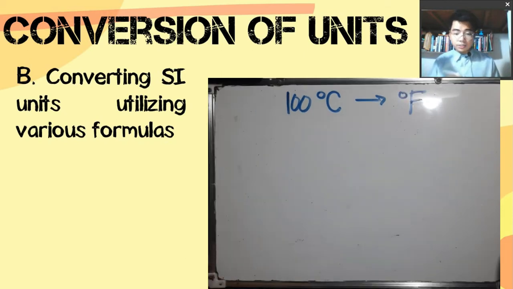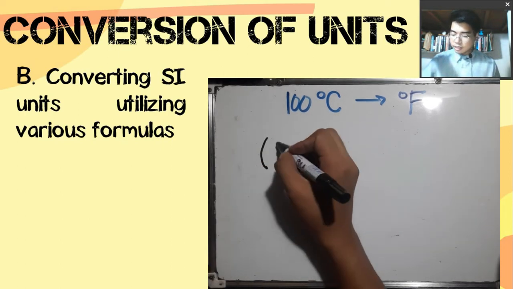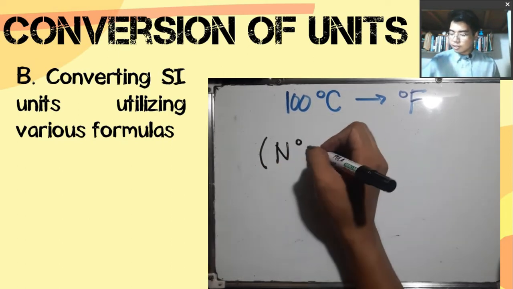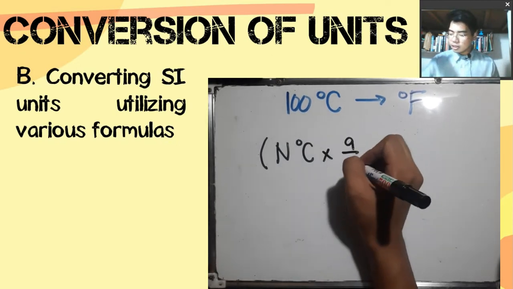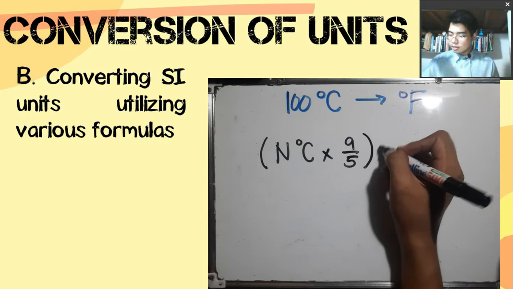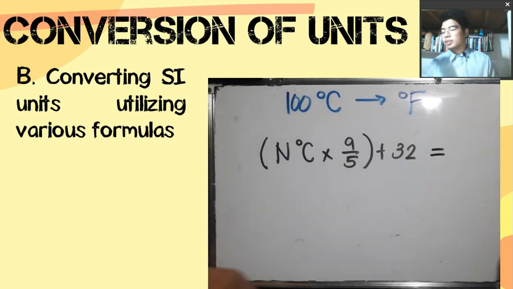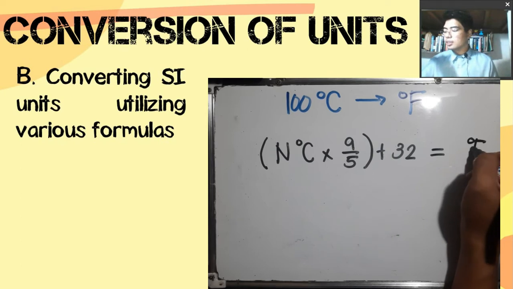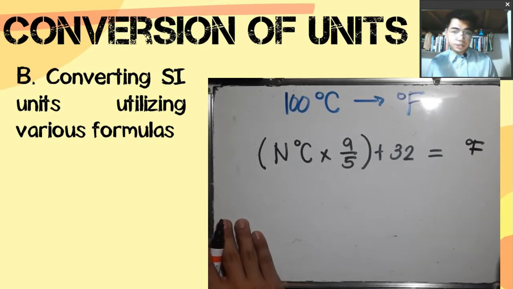For us to do this, we are going to follow this particular formula: the value of degree Celsius times 9 over 5 plus 32 is equivalent to the value of the degree Fahrenheit. So this is the formula that we are going to utilize for letter B, number 2, part B.